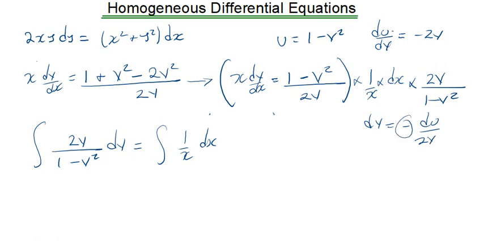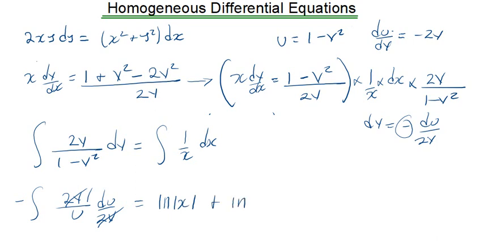Okay, so this negative, I'm going to bring it outside here. I'll have 2v divided by u times du over 2v, of which that and that goes, you remain with 1 here. Of course, you integrate with respect to u. So this is going to give you ln of x. Once again, I can still say ln of c. There is no harm, that is just a constant.